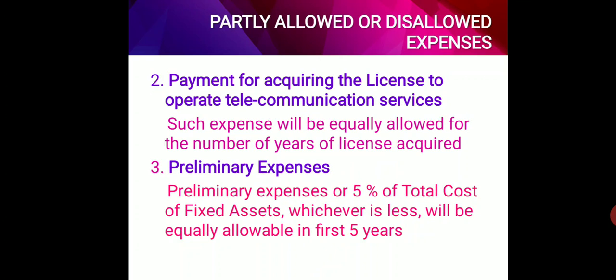Next is preliminary expenses. Preliminary expenses or 5% of total cost of fixed assets, whichever is less, that amount will be allowable equally in first 5 years. So that means either preliminary expenses or 5% of total cost of fixed assets, whichever is less, the amount will be allowable 1/5 in each previous year.